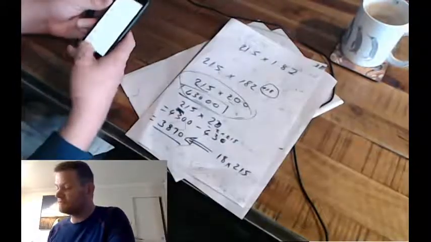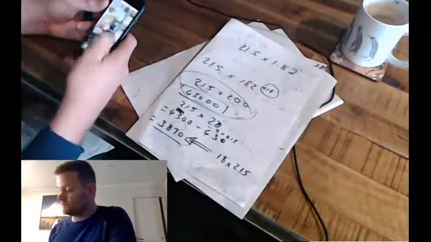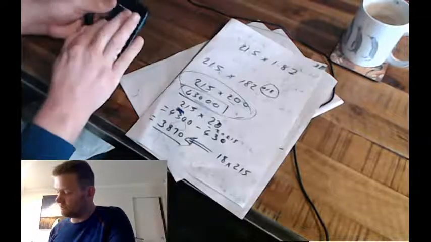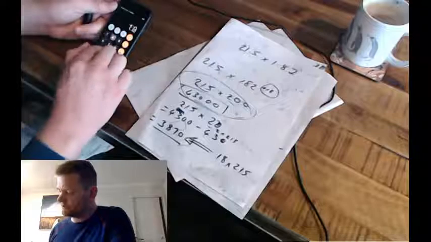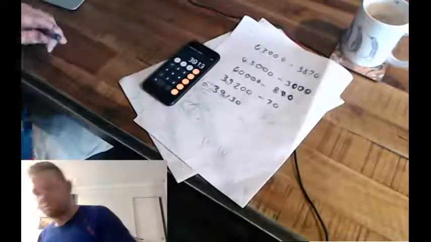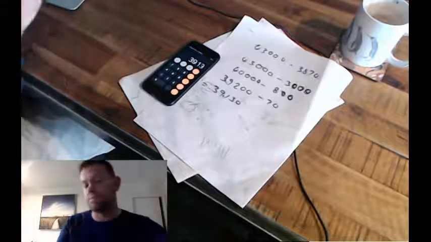That will be fun. 21.5 times 1.82, 39.13. Same answer. Cool.